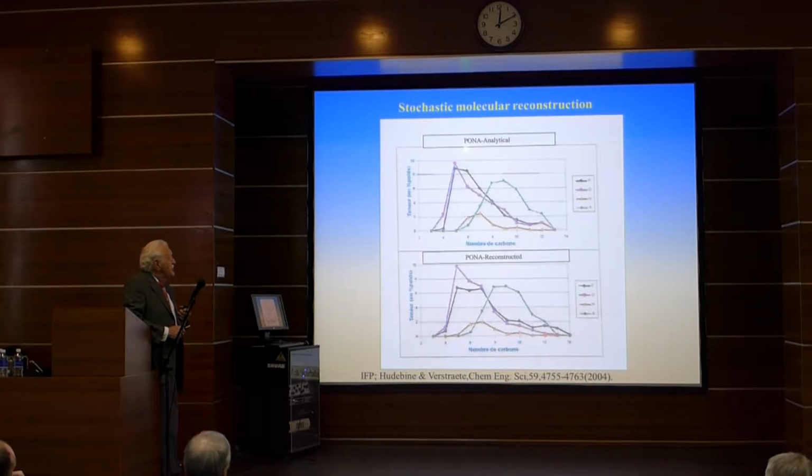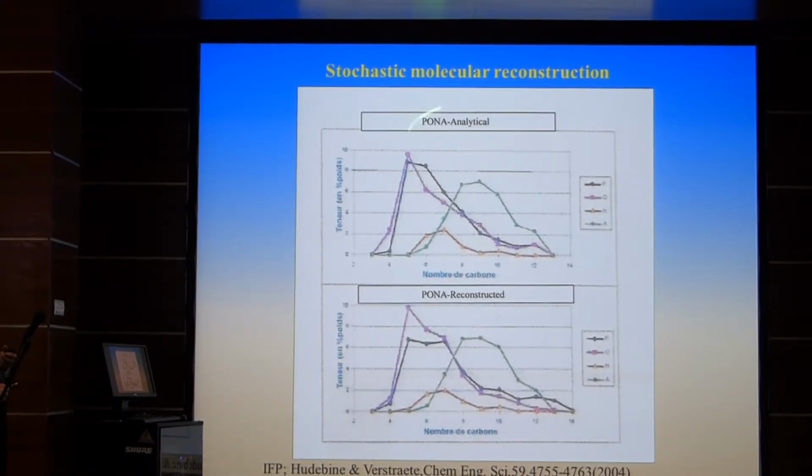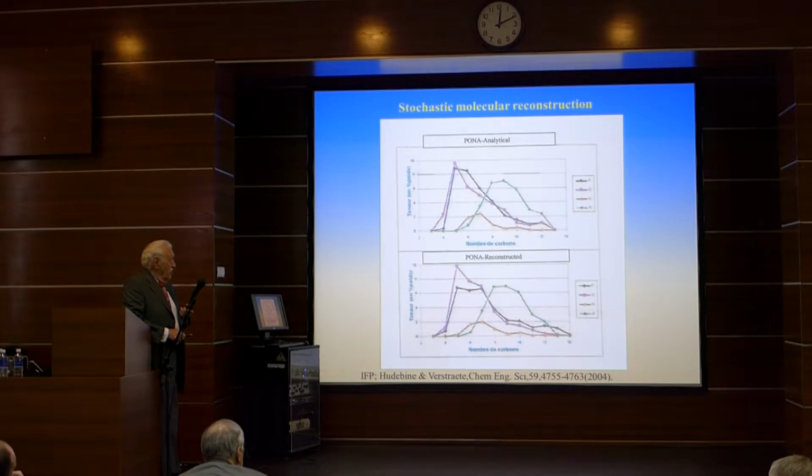And here, for instance, we compare the POMA analysis as we have based it on the construction that we have just seen, and we compare it with the analytical POMA information that we have, and as you can see, that's a pretty good agreement between the reconstructed and the experimental, the analytical composition.